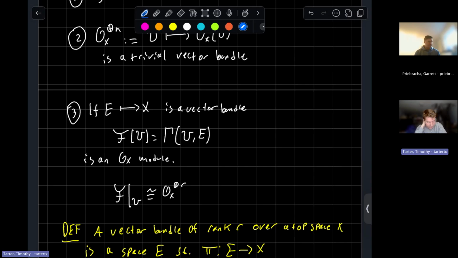And then at any specific open set, as a restriction map, it's just the trivial vector bundle. That is a really neat construction. So locally free OX modules of rank R correspond to vector bundles of rank R.